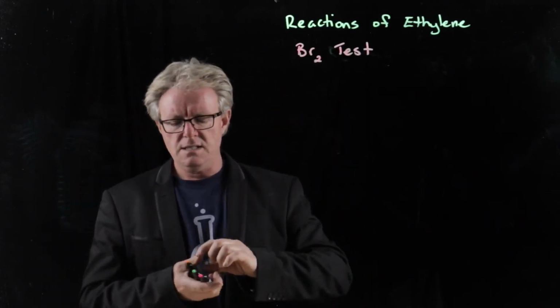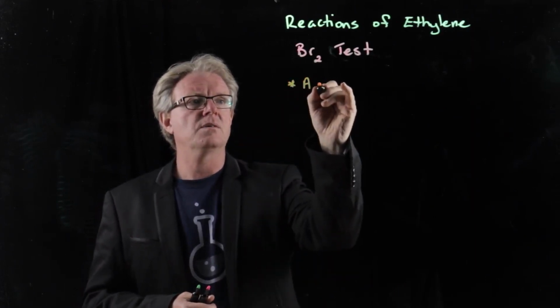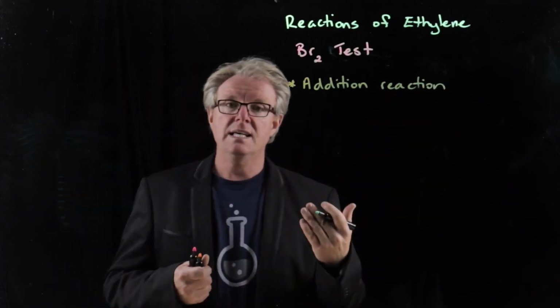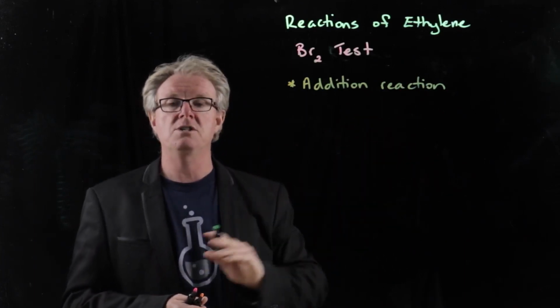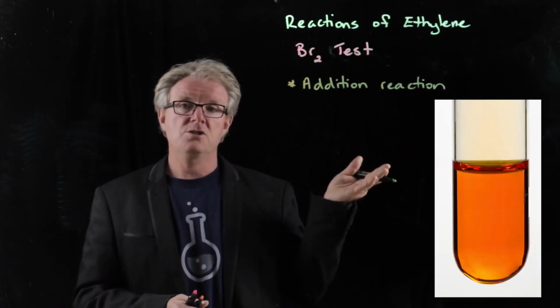So the bromine test is when bromine is added, so it's an addition reaction, to an alkene. And this happens very, very fast, right? So on the side here, I'll just put up a picture that you can see bromine water in a test tube. It's brown.